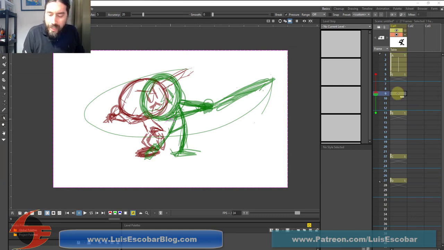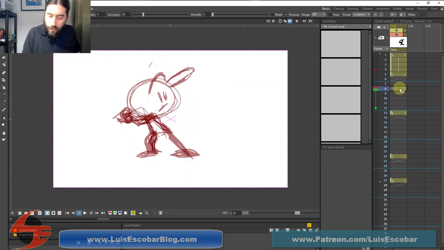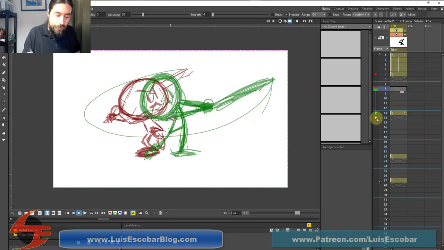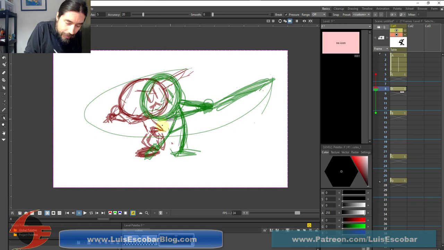So the next thing we got to do, we have to break that down into two parts. The foot setting down and then the beginning of the swing. That means that we got to go here and here. So first, his foot needs to come down.